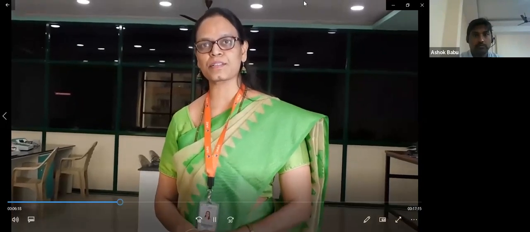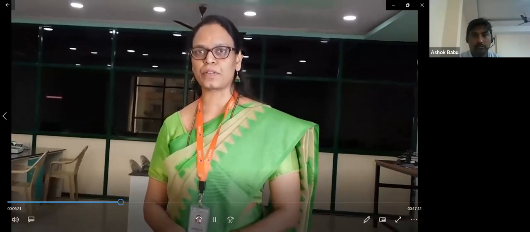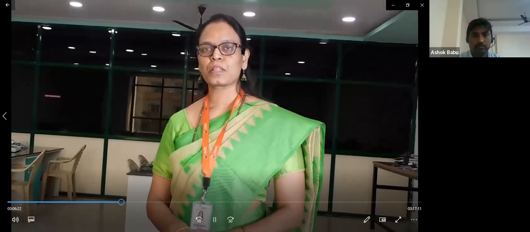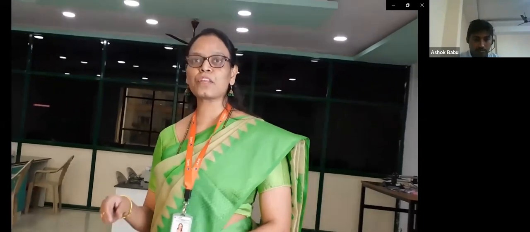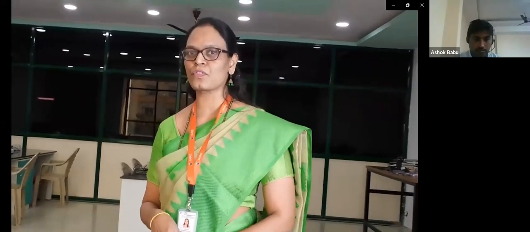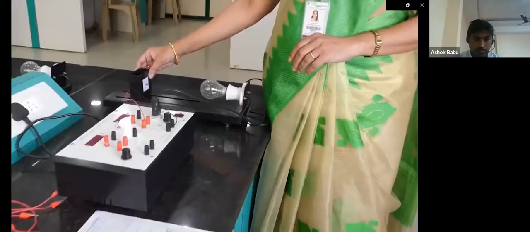Let us now see the demo of how to study the voltage versus current characteristics of a given photodiode. The aim of the experiment is to study the VI characteristics of a photodiode with different intensities of light.